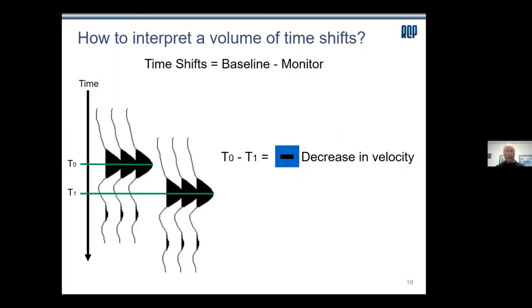So we don't think we're changing the density a whole lot, but we are changing the rigidity of the reservoir substantially. So if we're injecting near or into a natural fracture system, we will observe decreases in velocity. If we're injecting in areas that aren't naturally fractured and we're pressurizing that reservoir interval and compacting the overburden, we will see a positive time shift or an increase in velocity above the reservoir.